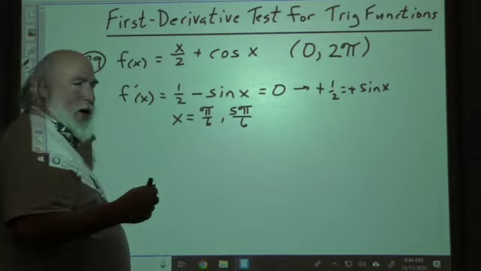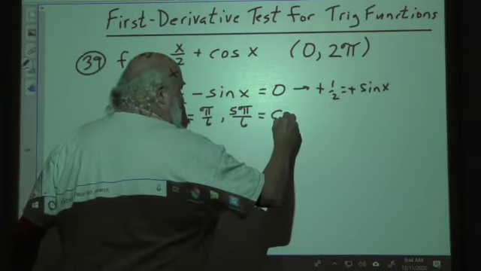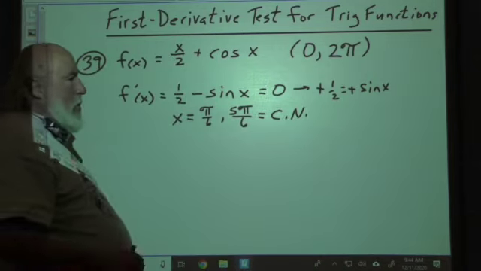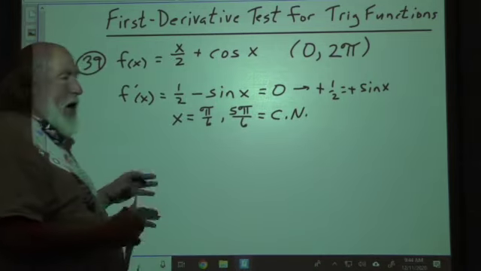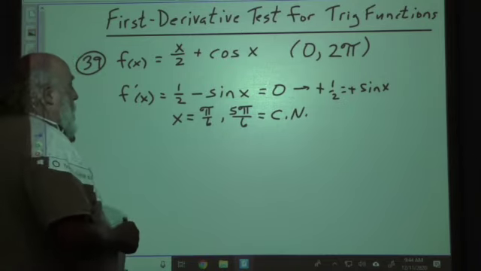So these are your two answers, which means these are your critical numbers. Those are the x values at which we are going to see the change. They will be either a maximum, a minimum, or neither, depending on what's going on.